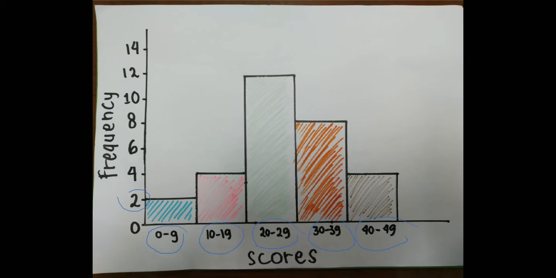And the other example is the second bar with the score range 10 to 19. The corresponding frequency is 4, and so on.